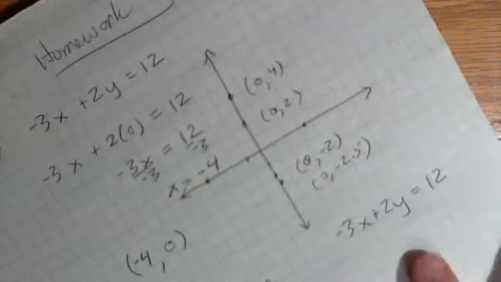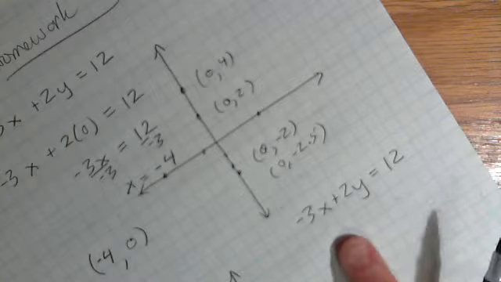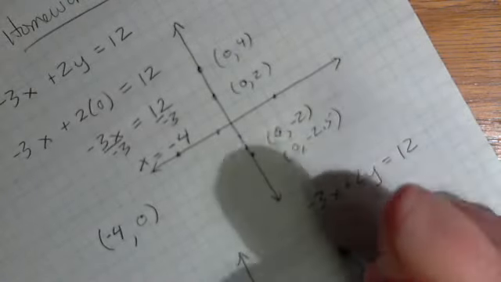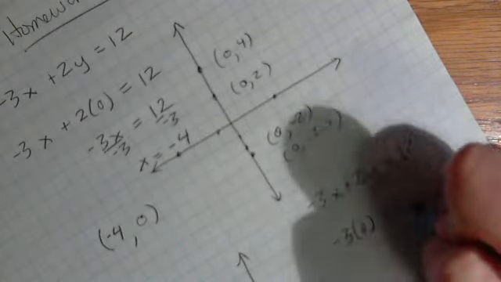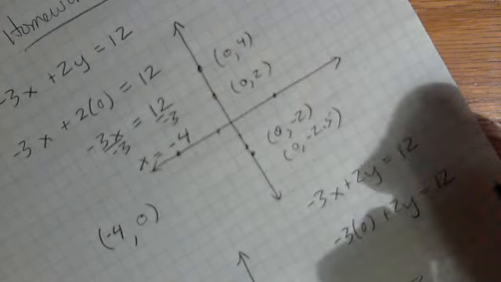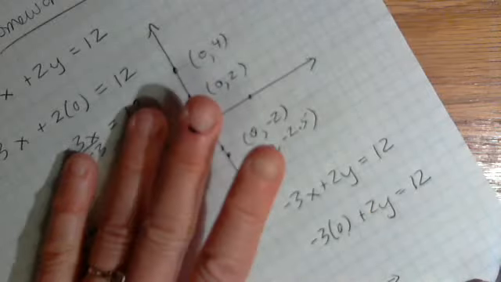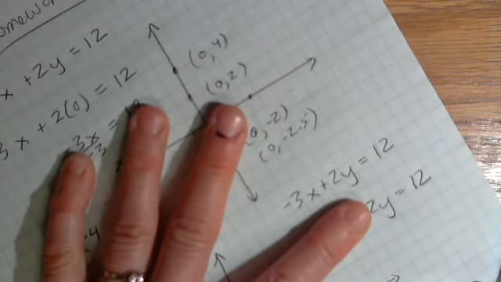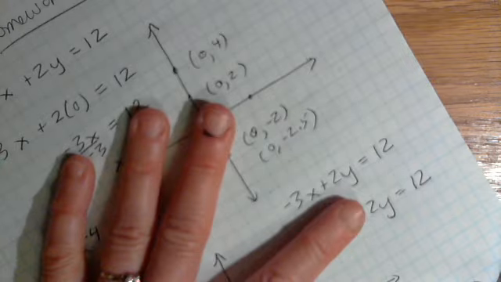So if I want to find the y-intercept for this equation, I'm going to make x 0 this time. So in place of x, I'm going to put 0. Rewrite the rest of the equation, and then solve for y. Negative 3 times 0 is 0, so basically the x term goes away. Some people call this the cover-up method. When I'm finding the y-intercept, I can just cover up the x term because it's going to go to 0.